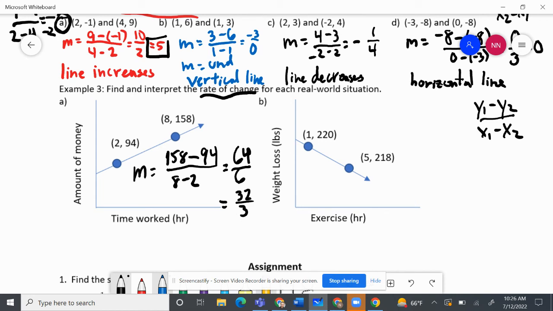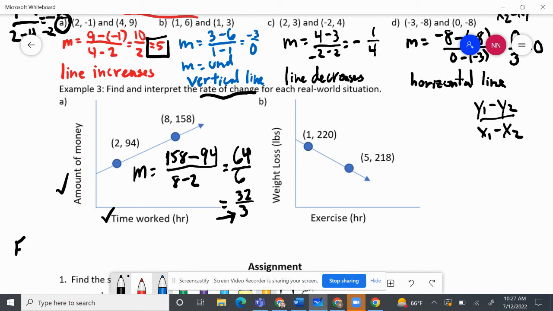So that's the slope. Now, what we're going to do is we're going to interpret it in each real world situation. So this is time worked in hours, and this is the amount of money earned. So when we're describing it, remember the x value is the independent variable. So that means that the 3 is actually going to go first. So independent means that first you have to work and then you get money.